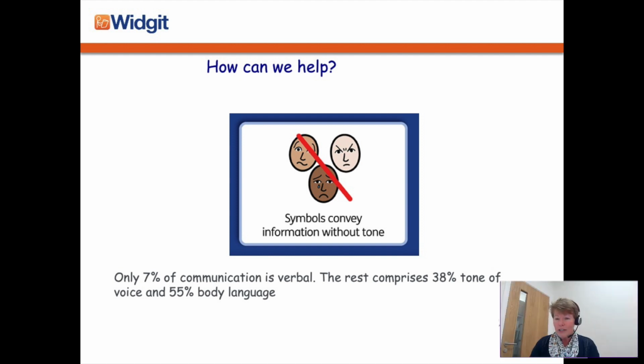We are all teachers here. We all know that despite our best intentions, it's sometimes really hard to keep that tone of voice positive and happy and encouraging when you've had a really awful day and so many things have happened and gone wrong. But our symbols don't have that tone of voice.